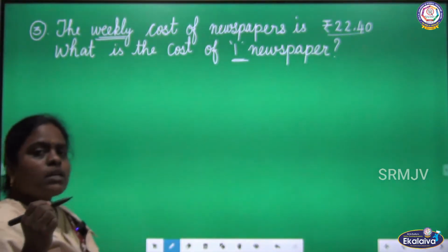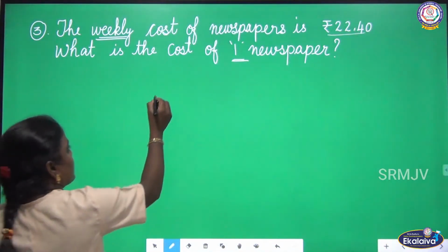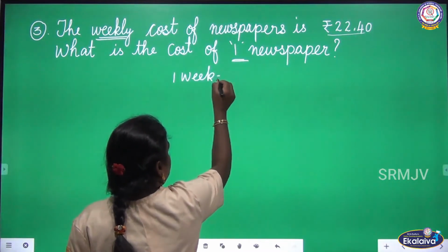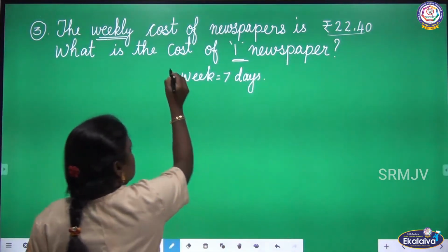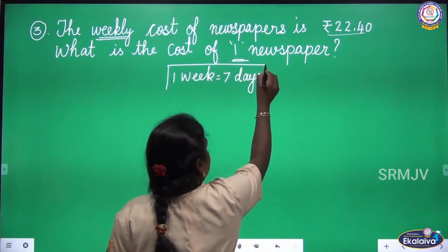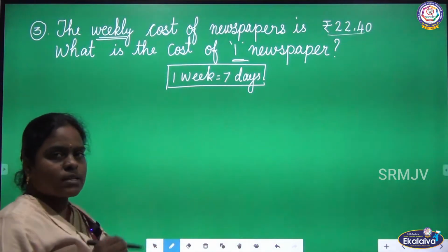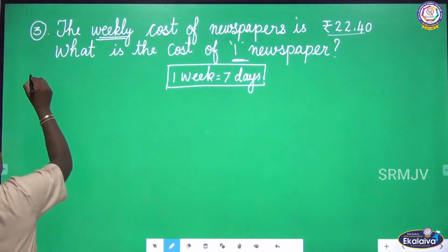How many days are there in 1 week? There are 7 days. 1 week equals 7 days. So here the cost of 7 newspapers is given as 22 rupees 40 paise, and we are going to find out the cost of one newspaper.